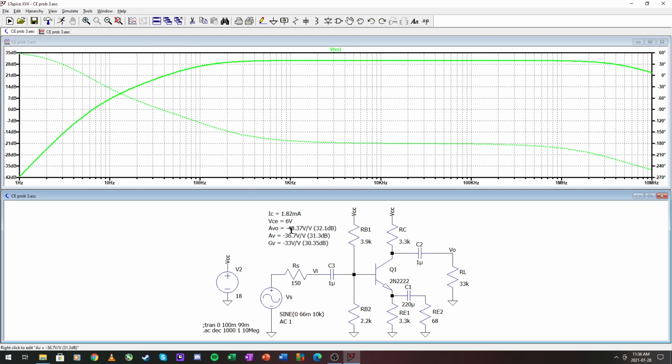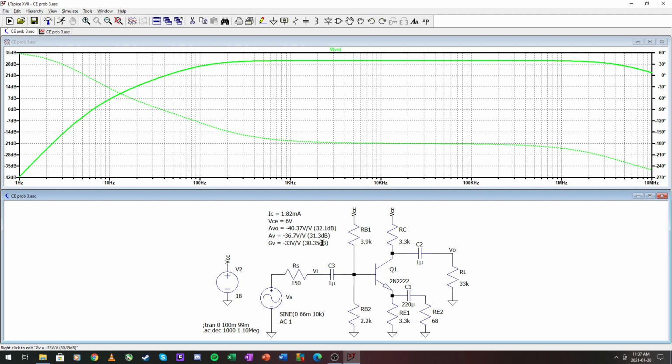And you'll note that we designed for a specific AV0, and when applying our loads, the gain is actually very close to the original gain that we calculated and designed for, because we are focusing on maximum voltage transfer. Okay, so any load higher or any source smaller, we will be more in this range of minus 40.37 volts per volts.